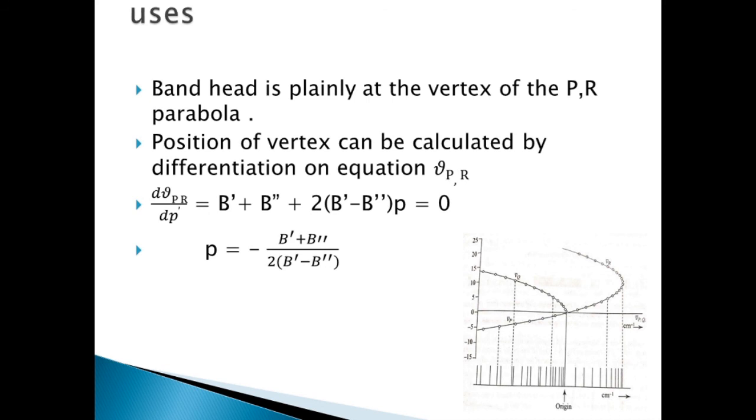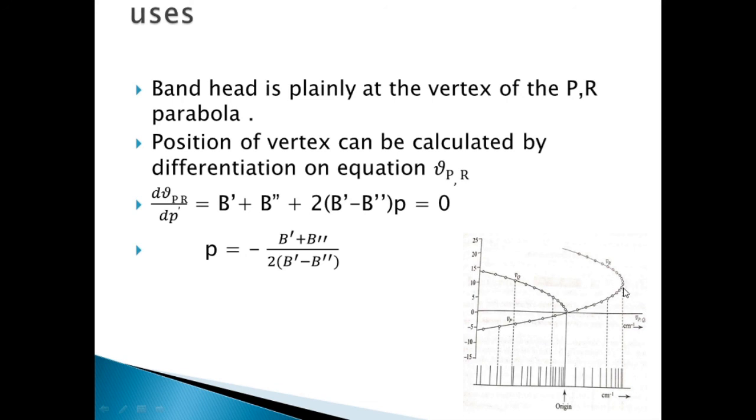The important useful property of the Fortrat diagram is that the band head is plainly the vertex of the PR parabola. That means this is the vertex of the PR parabola, so this is the band head.